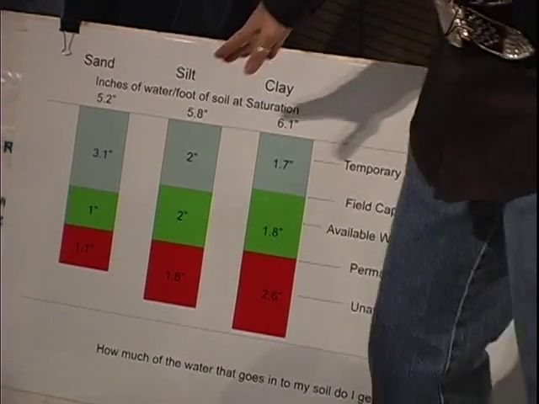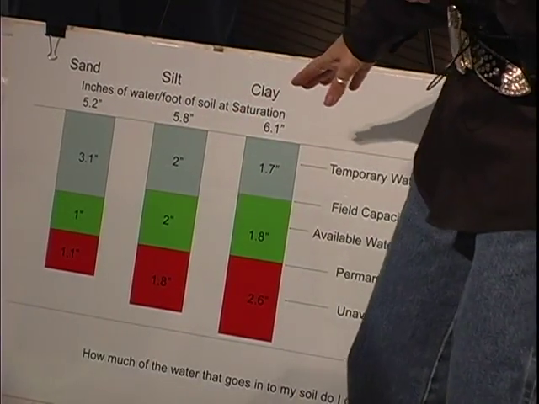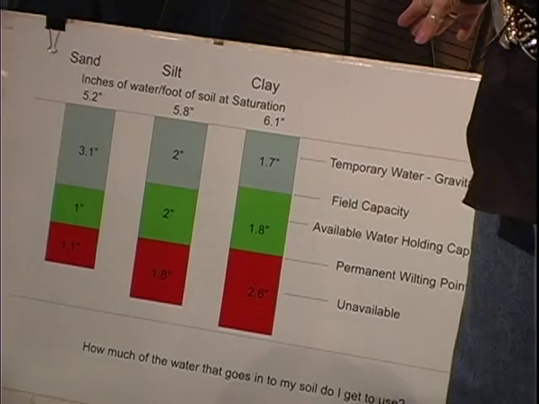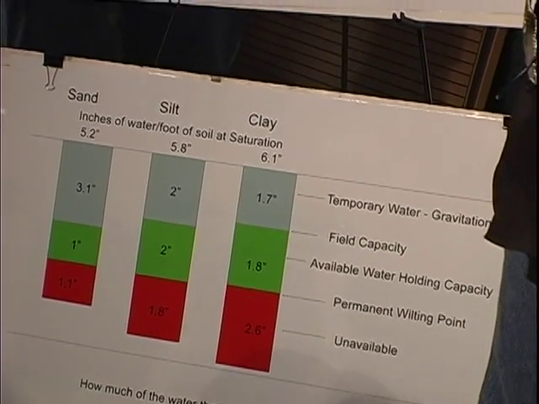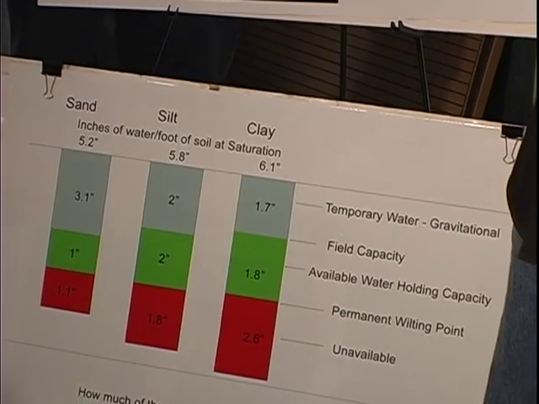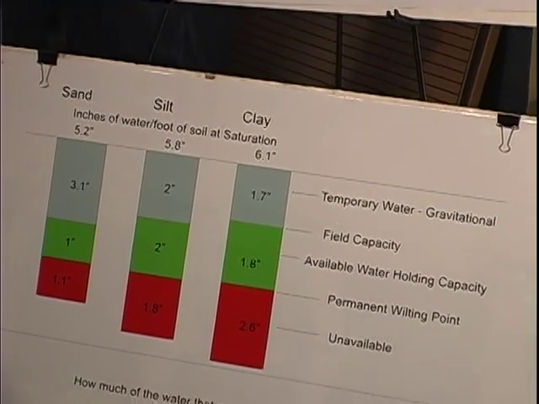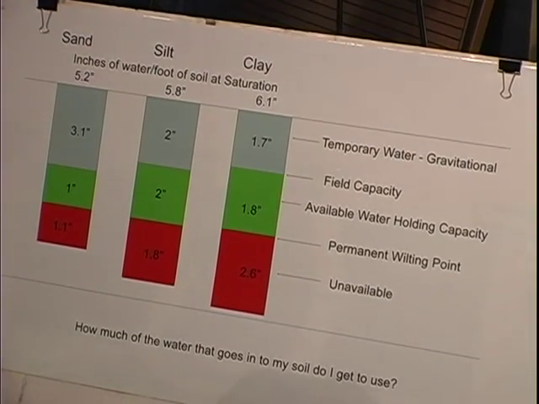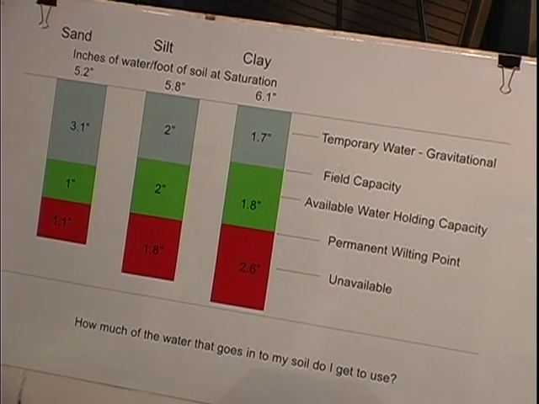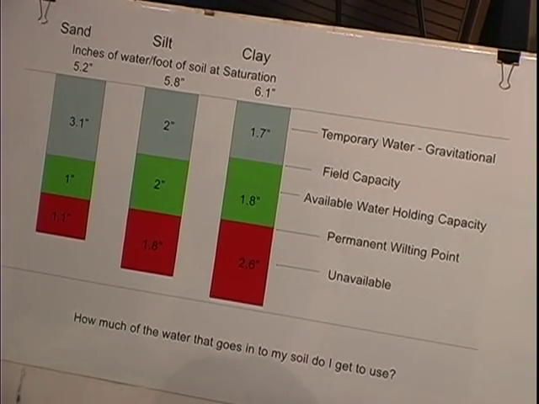So we pour this 5.2 inches into sand, 5.8 inches into silt, and 6.1 inches into clay, and the gravity flow takes out the first inches and runs them through the system. That's temporary water. After about 24 hours, we get to field capacity. So we've lost a couple inches through gravitational water that goes on through our root zone.